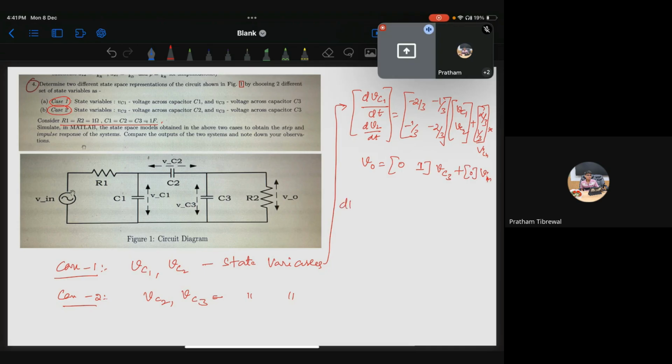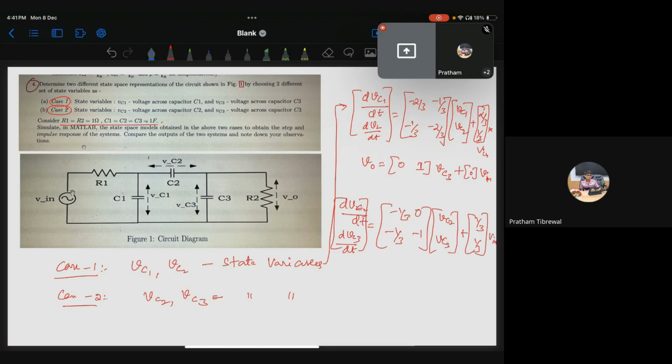In the second case, dVc2 by dt, dVc3 by dt is equivalent to minus 1 by 3, 0, minus 1 by 3, minus 1, times Vc2, Vc3, plus 1 by 3, 1 by 3.